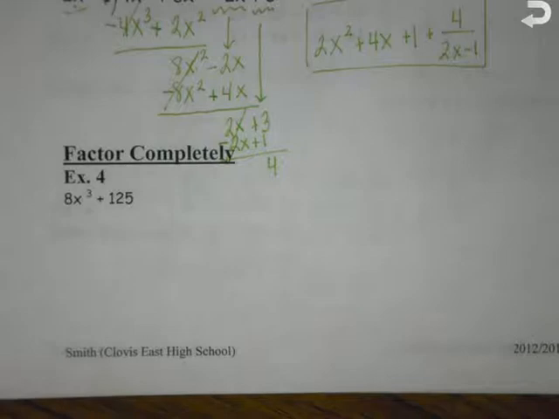Okay, guys, I want to factor this one. I have 8x cubed plus 125. Does this pop out as any kind of factoring to anybody? So, cubes, same thing. Now, whenever you have a sum of cubes or a difference of cubes, I want you to first, before you do anything, rewrite the problem so that we can see what the bases are.